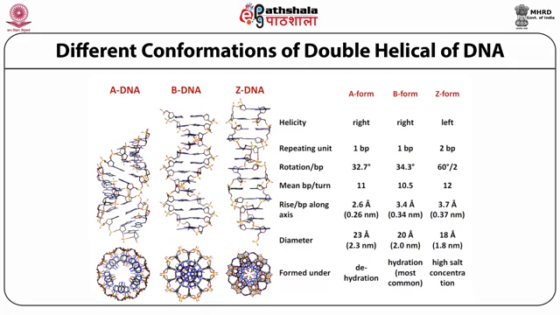A-DNA has a diameter of 2.3 nanometers, a little more compared to B and Z, and A-DNA is more compact, but Z-DNA is more stretched. Regarding formation conditions, A forms in dehydration, most commonly we get B-DNA, but under high salt concentration we get to see the Z form.